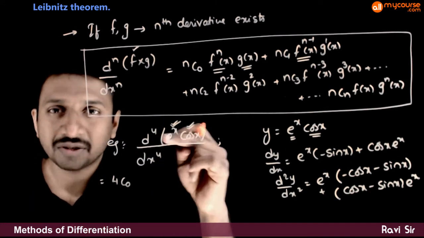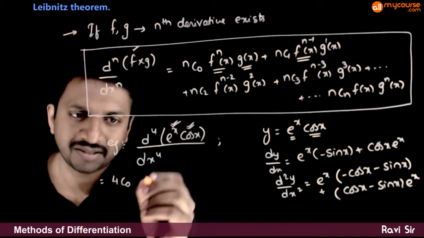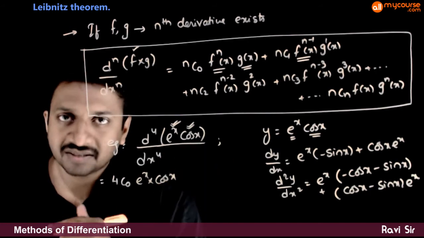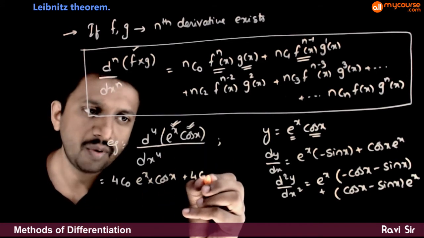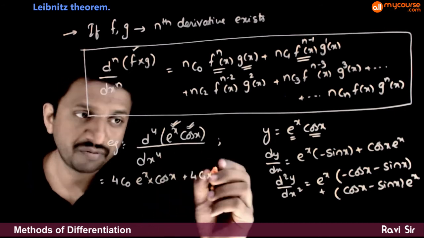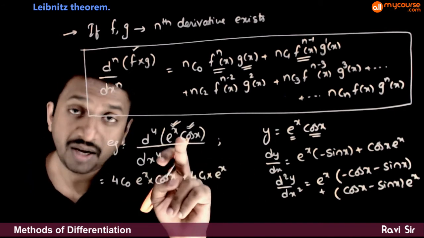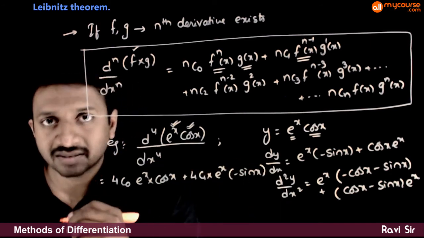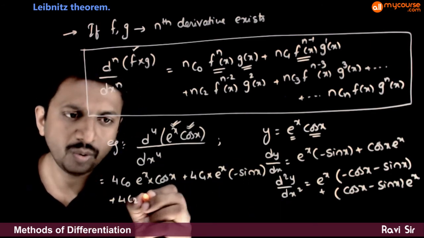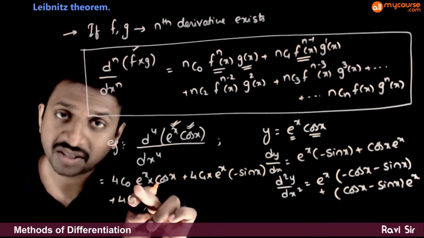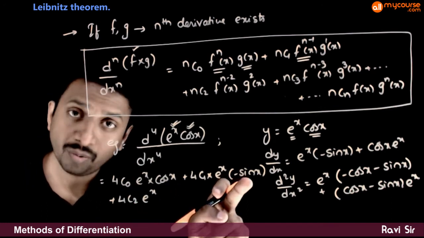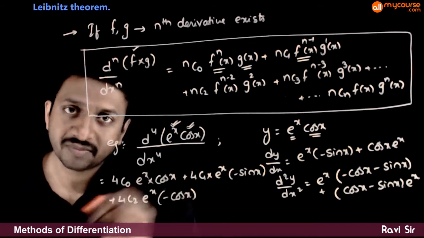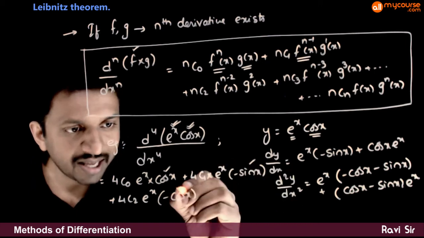We know that as you differentiate e^x, you keep getting e^x. So e^x times the second function as it is, plus 4C1 times the third differentiation of e^x, which is e^x, into the first differentiation of cos x, which is minus sin x, plus 4C2 times the second differentiation of e^x, which is e^x, into minus cos x. You have to keep differentiating again and again.